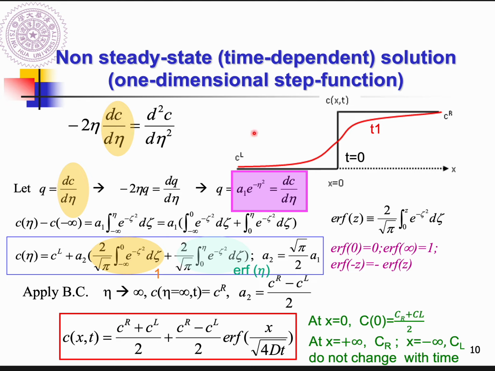And also at the two ends of this diffusion couple, the concentration should remain constant at Cr as x approaches infinity, which means the right end of the sample, and the left end of the sample, the concentration should maintain at Cl. So now you have this solution, which can solve this kind of step function, right?